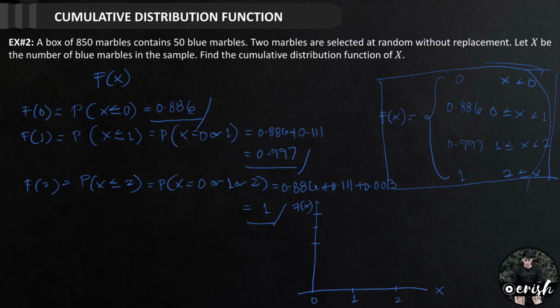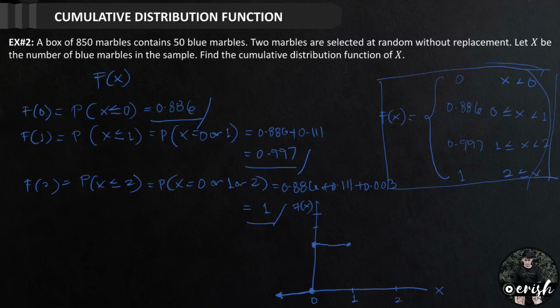Since x is less than 0, our first horizontal line goes here. For the probability 0.886, this is our probability for 0. Since it is less than 1 and greater than or equal to 0, we start here until here. It does not reach exactly 1, so it stops there.